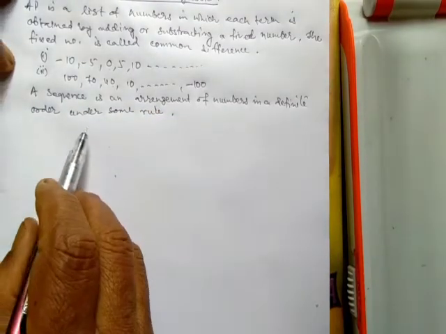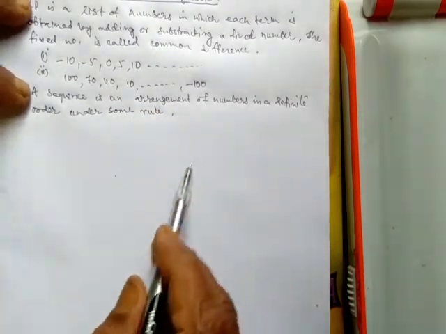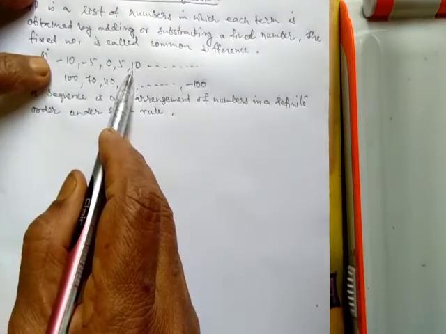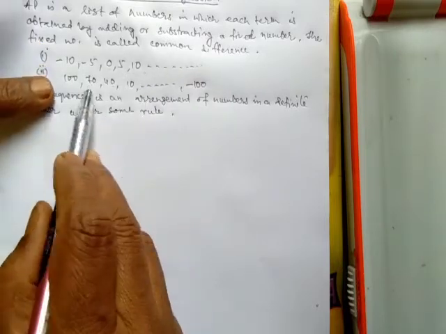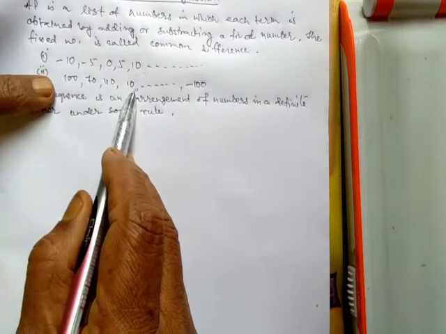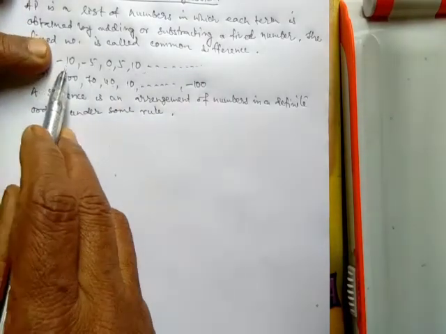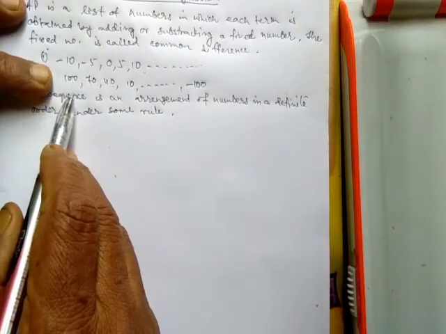Now here you see, a sequence is an arrangement of numbers. These numbers are arranged under a certain rule. So this is a sequence. This is also a sequence. This is also an AP.